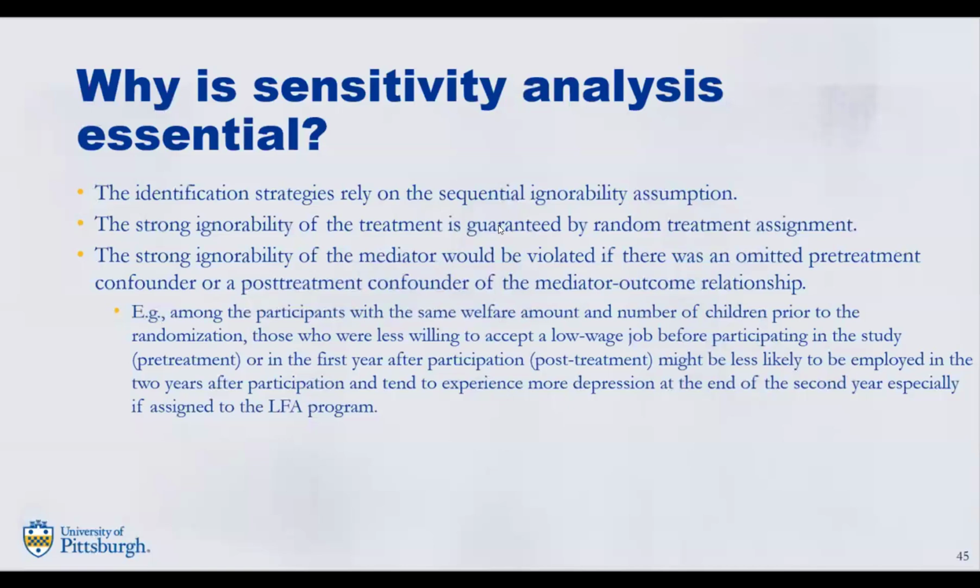For example, as we illustrated earlier, among the participants with the same welfare amount and number of children prior to randomization, those who are less willing to accept a low-wage job before participating in the study, or in the first year after participation, which are respectively the pre-treatment and post-treatment confounder, might be less likely to be employed in the 2 years after participation and tend to experience more depression at the end of the second year, especially if assigned to the LFA program.